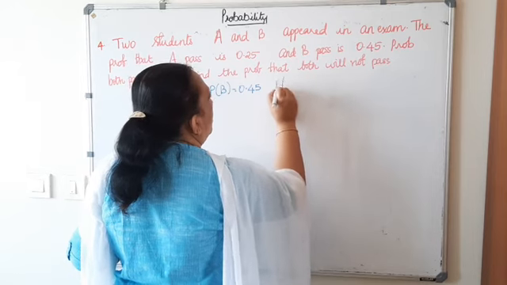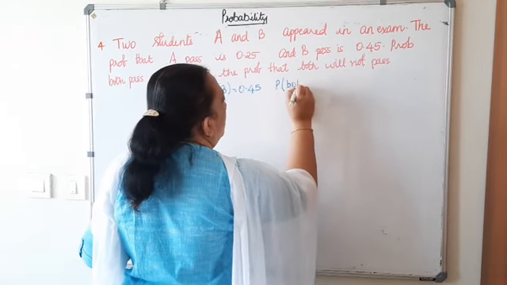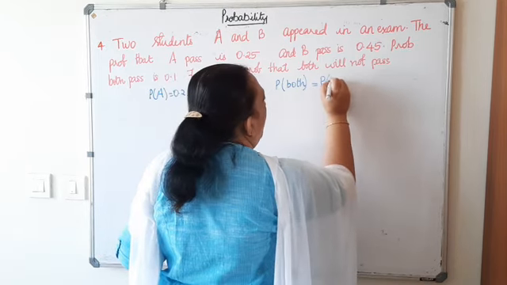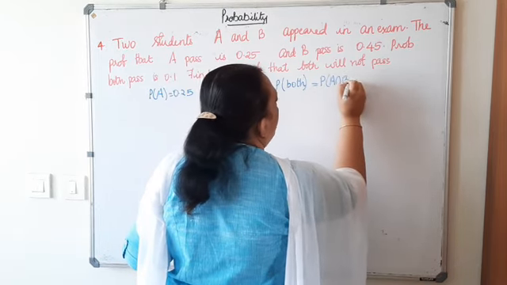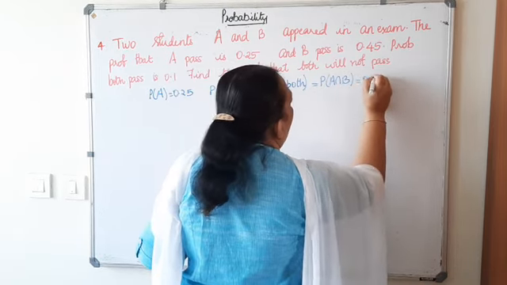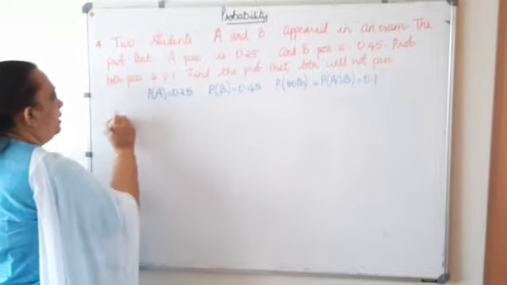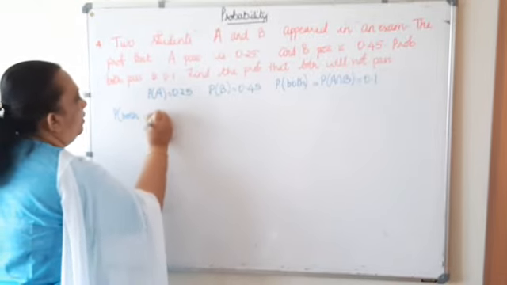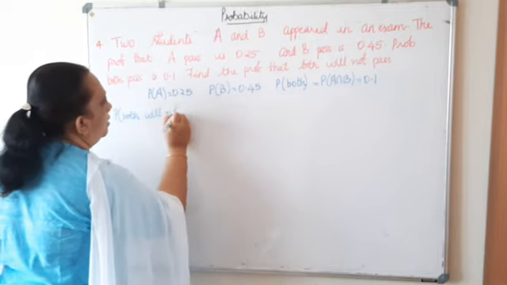Probability both, that means probability of A intersection B is equal to 0.1. Find the probability that both will not pass.